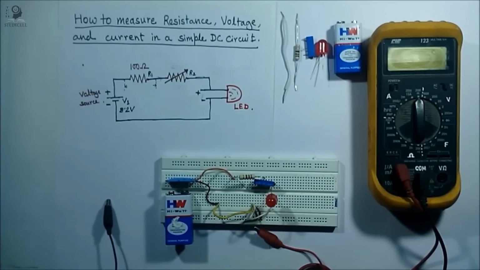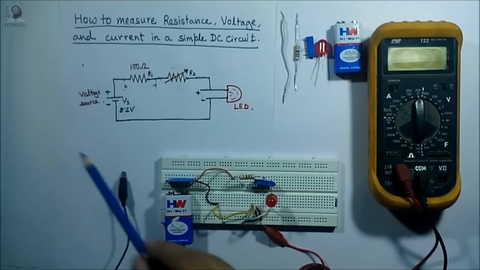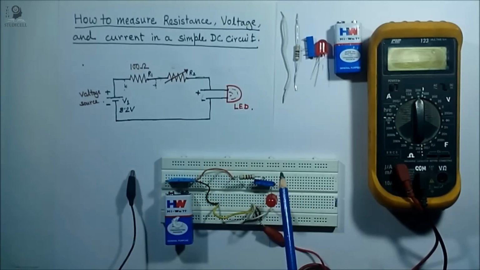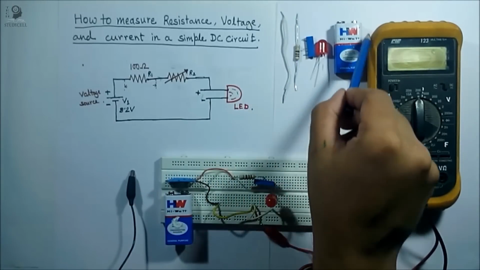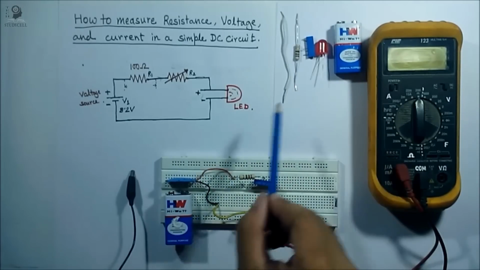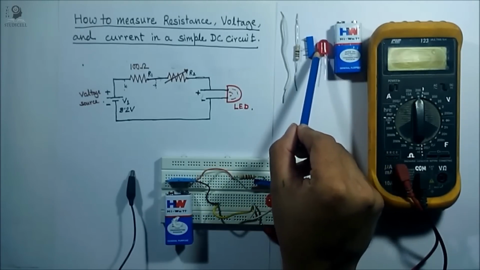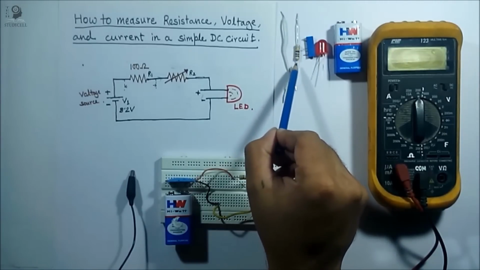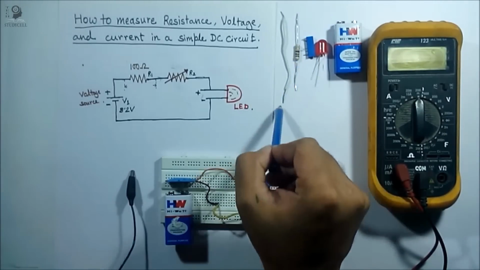Now we will see how to measure resistance, voltage and current in a simple DC circuit. Here a simple DC circuit is shown, implemented with these components: a 9-volt battery, an LED, a trimmer of 1K, a resistance of 100 ohm, and connecting wire.